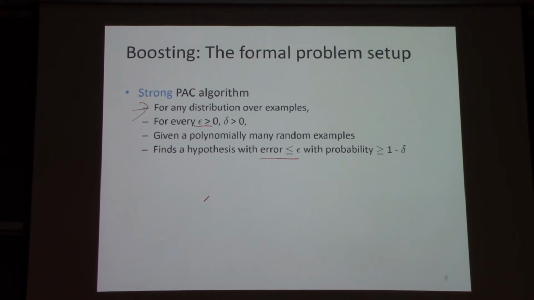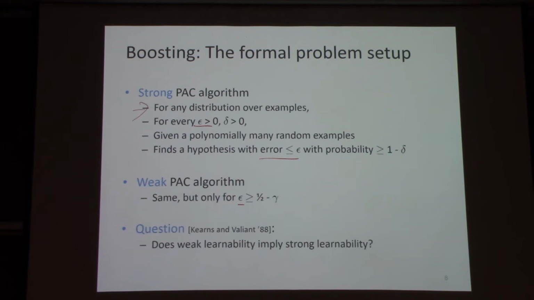Yes? Do you mean generalization error or training error? Generalization, always generalization. The only thing we care about is generalization error. Keep that question in mind, because at the end I'm going to present something that is slightly bizarre involving generalization and training error. A weak PAC algorithm is exactly the same, except that it can only guarantee errors that are less than half minus gamma for some small gamma, which means the error will be close to half.